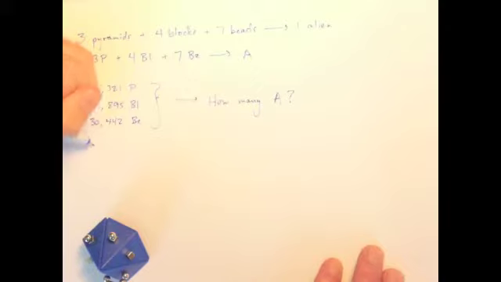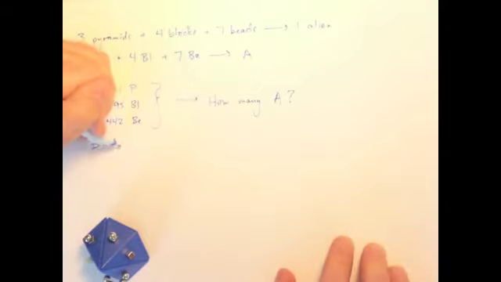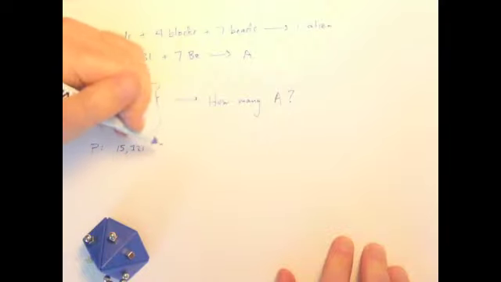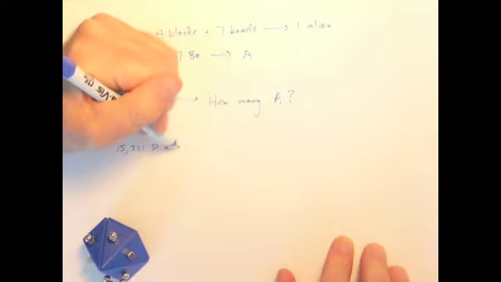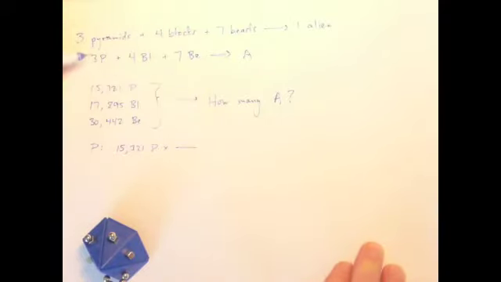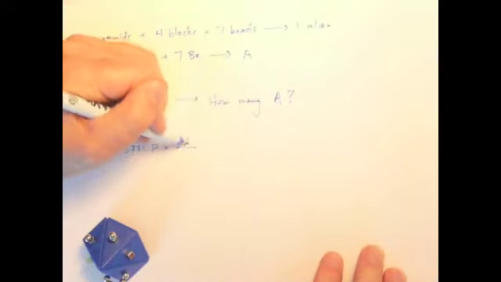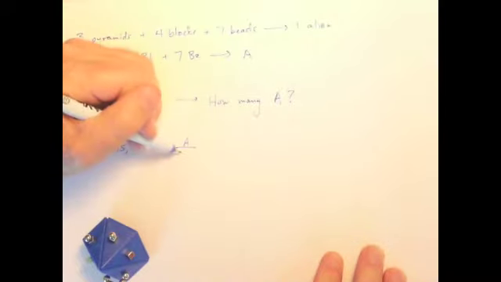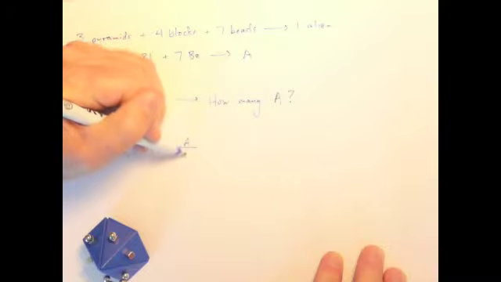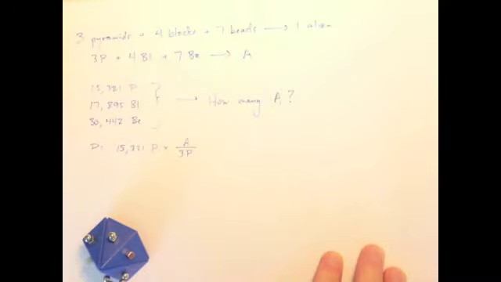So, doing the calculation first for the pyramids. We have 15,321 pyramids. We use our conversion factor that comes from the stoichiometry of the equation, and that says that 1 alien comes from 3 pyramids. 1A for 3p.